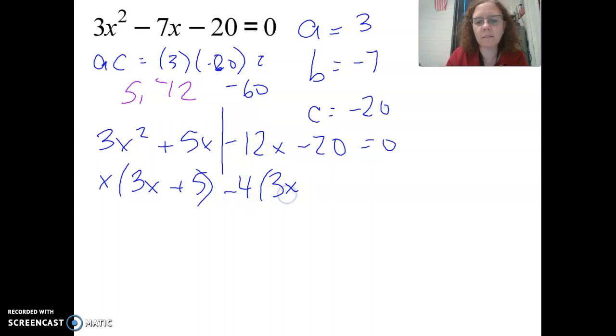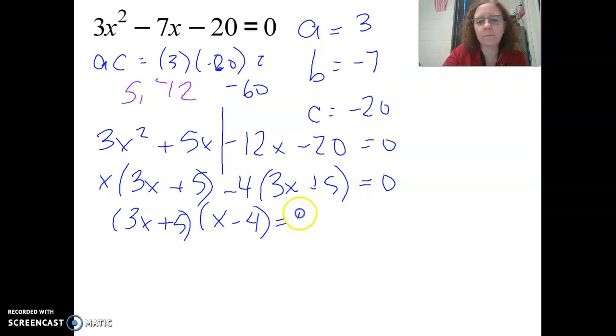Bring down that x. -20 divided by -4, +5. And that equals 0 is just out there on the end. It's not really affecting anything yet. It's just there. All right, so I've got 3x plus 5 in both places. So that's good. They match. So 3x plus 5 is one of my factors. And the other factor is what's on the outside here, x and -4. So I've got x minus 4.